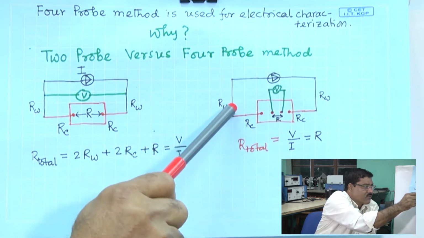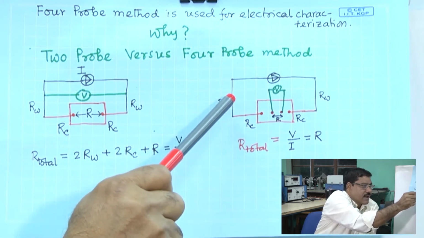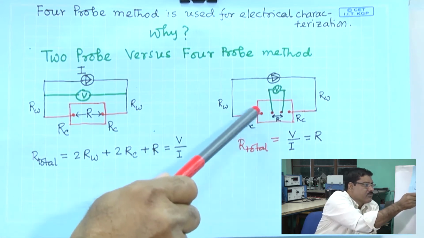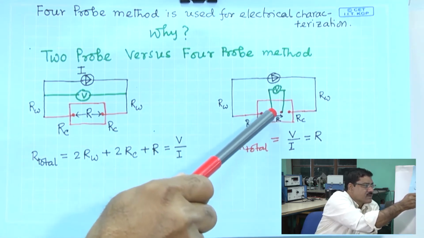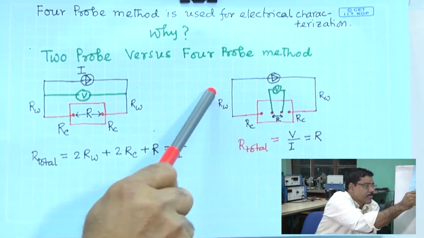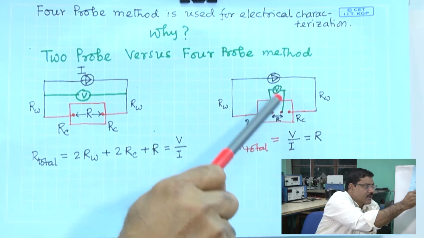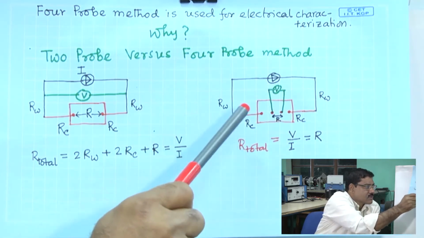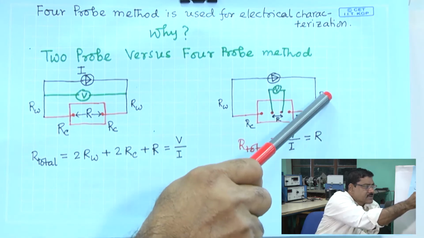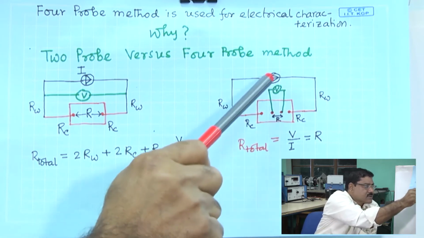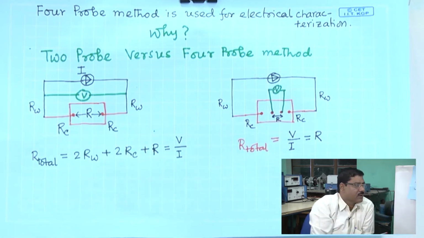So, there will be voltage drop across this resistance, across the contact, this contact resistance, but it will not be included, because this voltmeter is now not connected this way, it is directly connected to the sample. So, this wire resistance and this contact resistance will not come in this voltage drop.